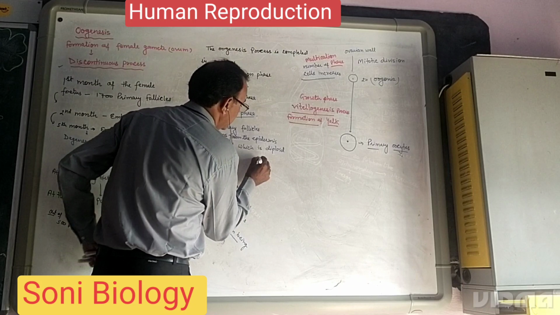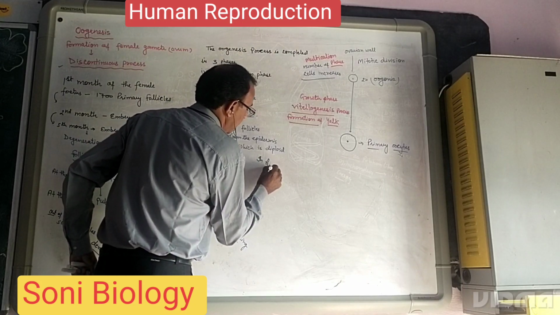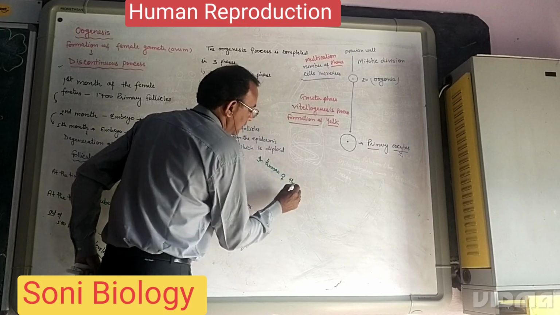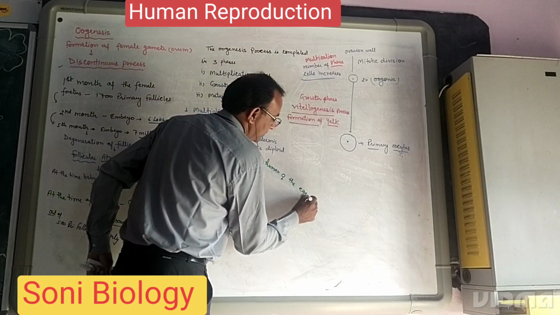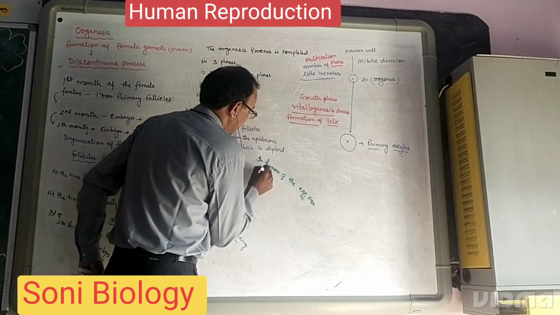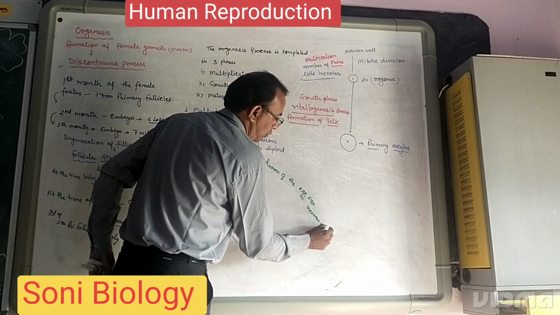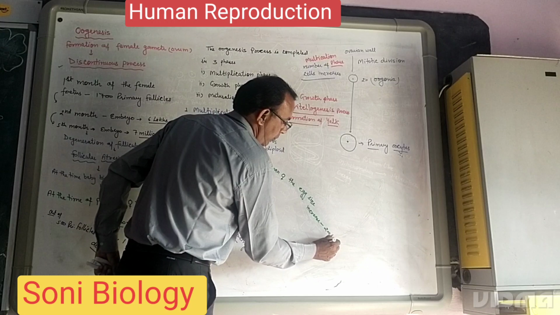How much does the egg size increase? In human female, the egg size increases from normal to 200 times more.